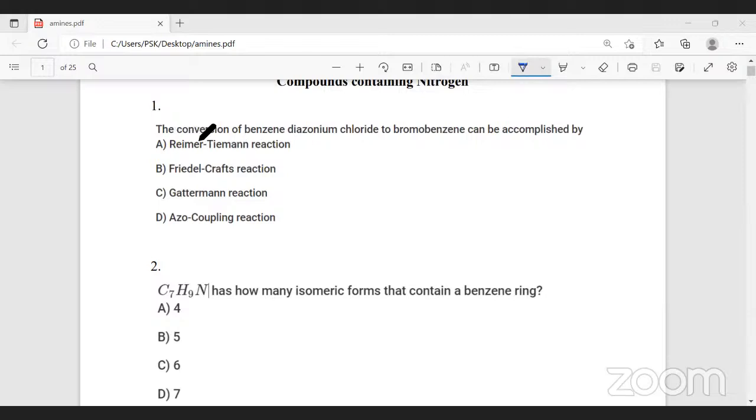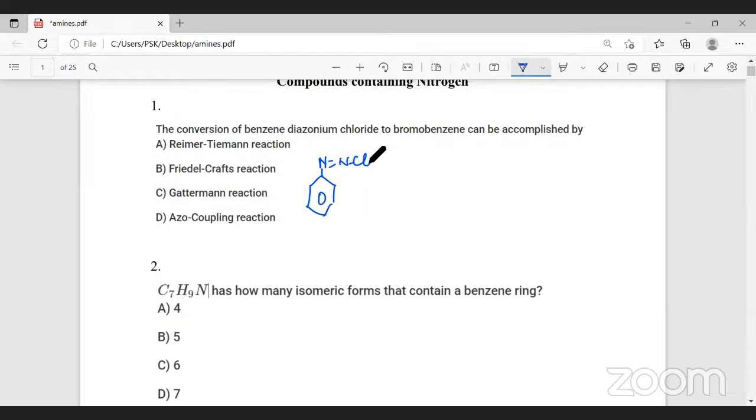The conversion of benzene diazonium chloride to bromobenzene can be accomplished by Reimer-Tiemann reaction, Friedel-Crafts reaction, Gattermann-Koch reaction, or azo-coupling reaction. Now, benzene diazonium chloride has a molecular formula C6H5 N double bond N Cl.